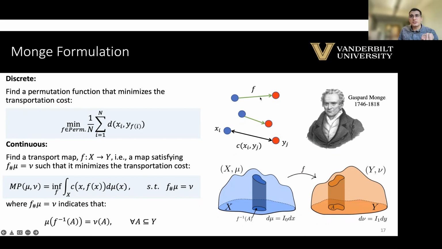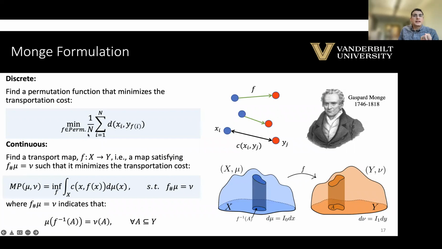Okay. So here, then we can immediately see that if you are in a discrete setting, we need to have equal number of point particles with equal mass from our x's and y's. And the problem is really like, what is the right permutation? Which x's should be matched to which y's? And that's going to define our transportation map.